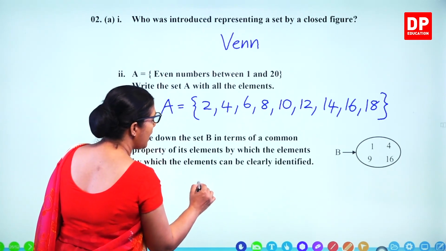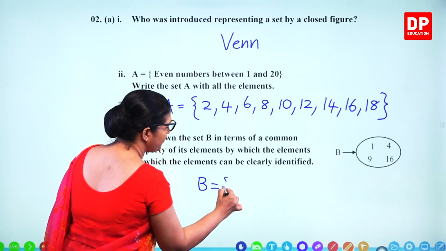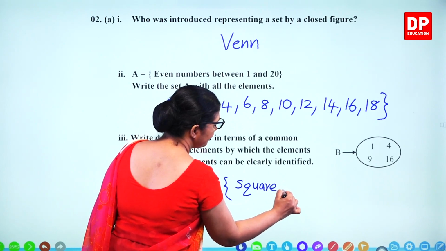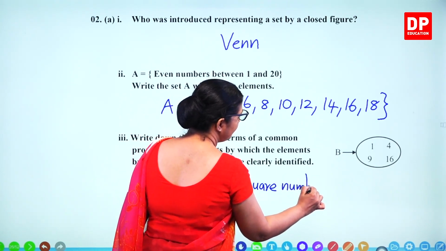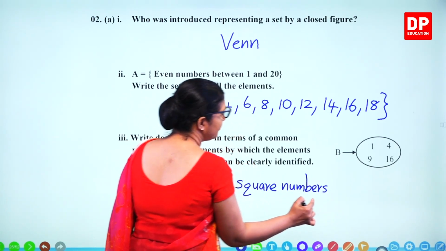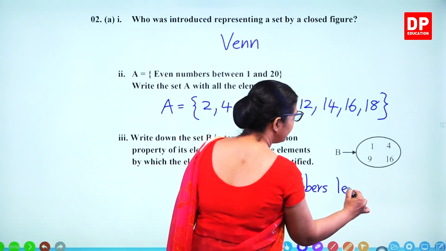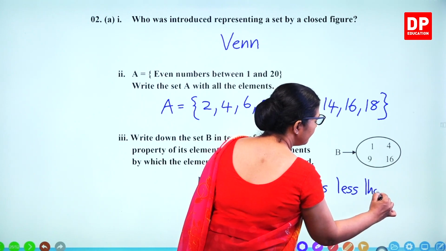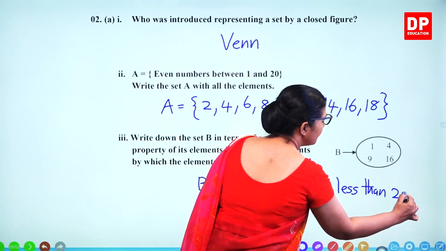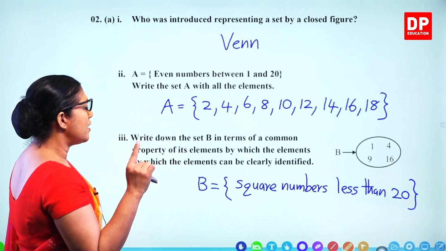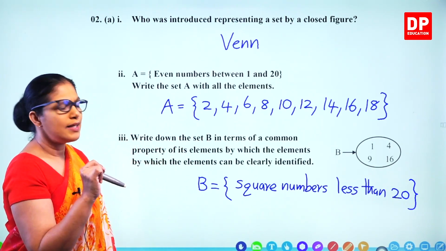So you can write set B is square numbers less than 20, because the next one is 25. 25 is not included. So square numbers less than 20.